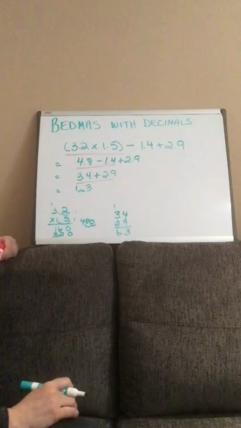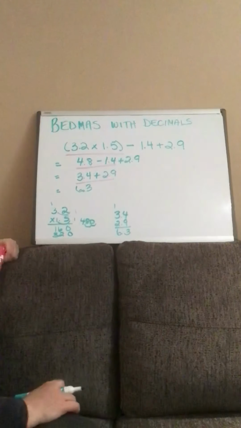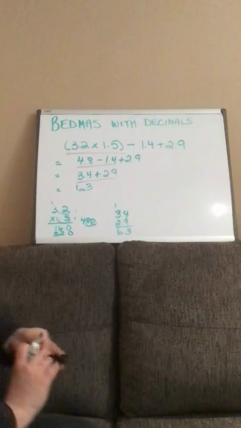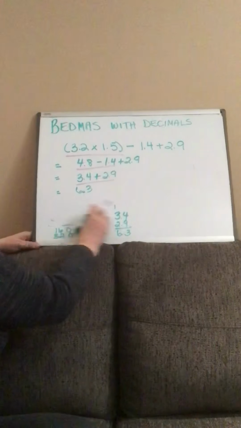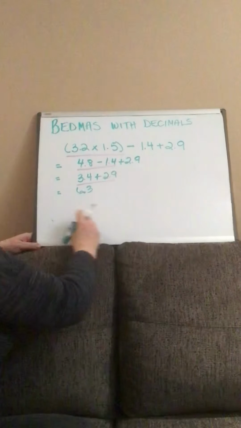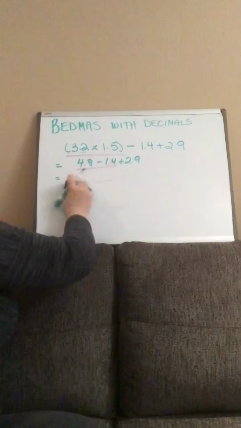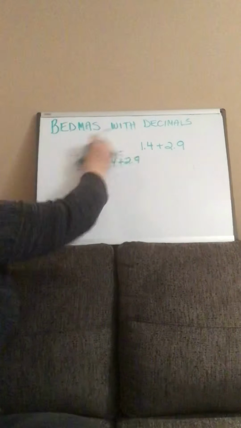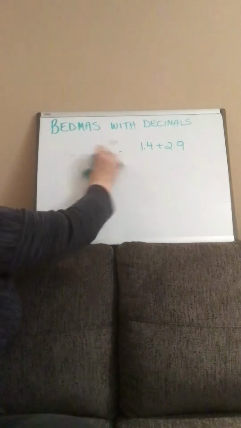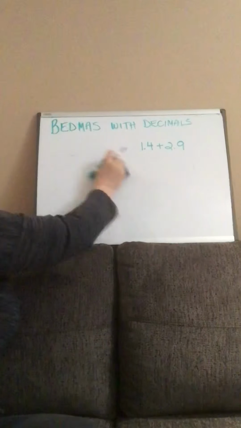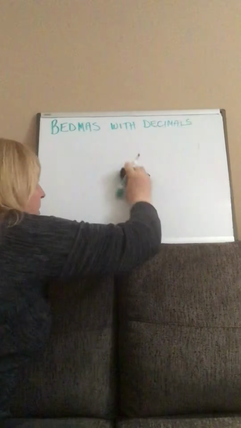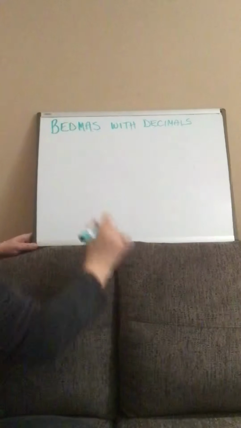So that's a pretty simple example of BEDMAS with decimals. Let's try to make it a little bit tougher. So I'm going to add in some exponents, maybe an extra set of brackets, just to make this a little bit tougher for some of us.